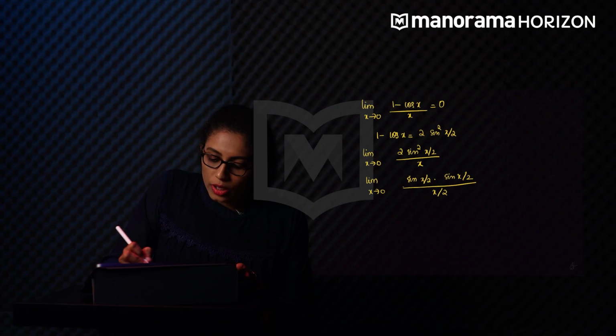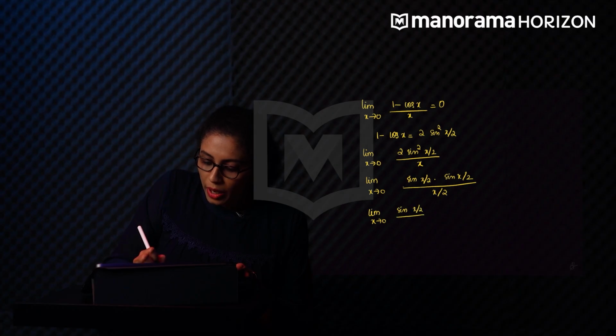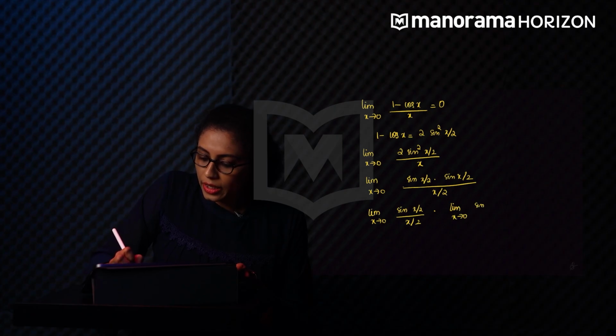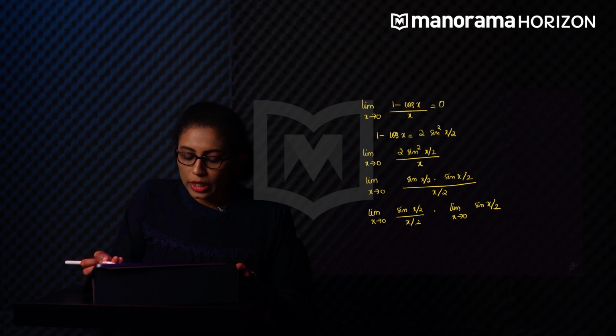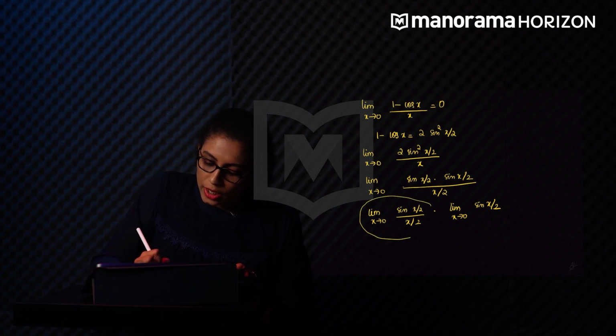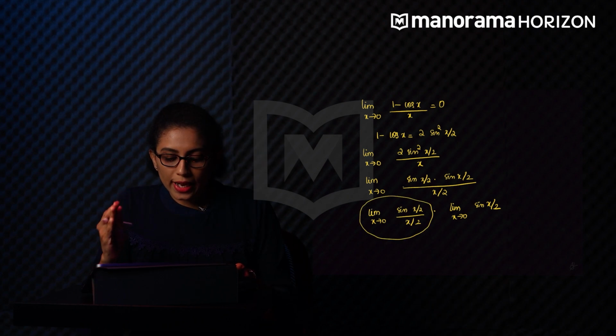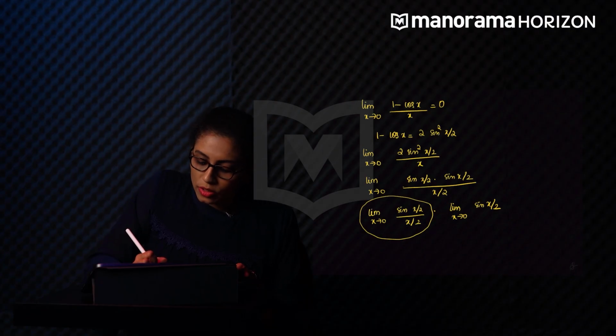Now applying the limit for each term, we get limit x tends to 0 sin x by 2 by x by 2 into limit x tends to 0 sin x by 2. And what is this function, limit x tends to 0 sin x by 2 by x by 2? It is 1.